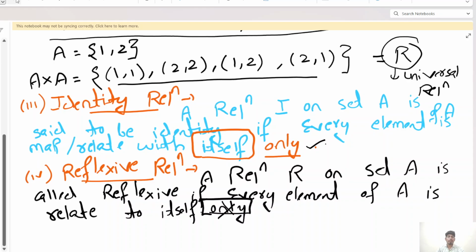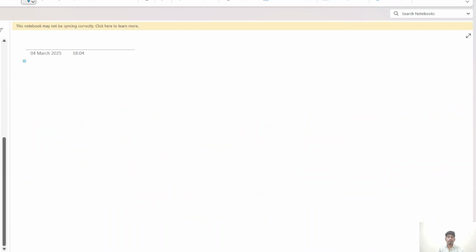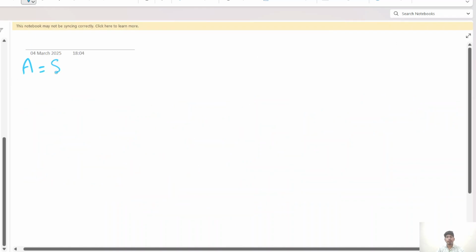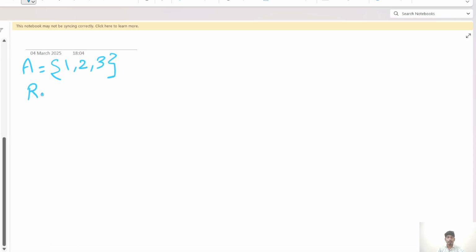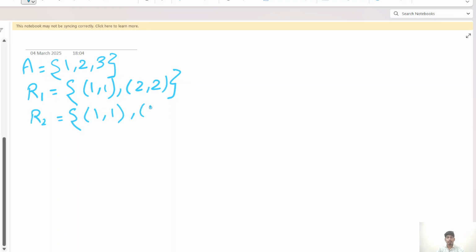Then I give an example. Let A be the set {1, 2, 3}. Let me define R1: (1,1), (2,2). This is our R1. What is R2? (1,1), (2,2), (3,3), and (1,2).